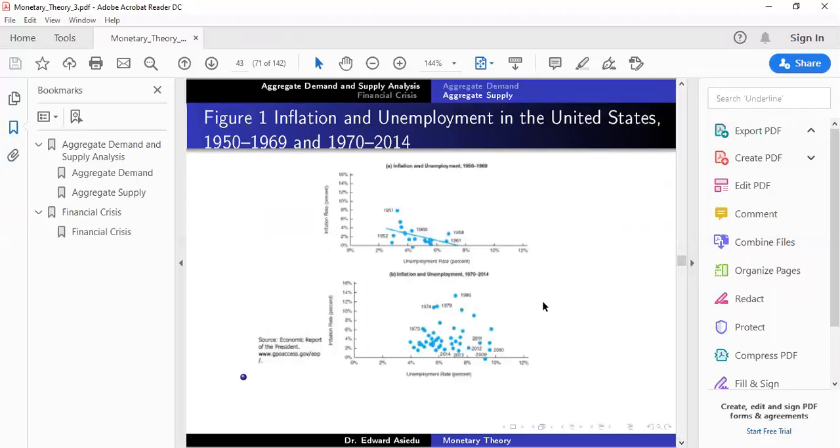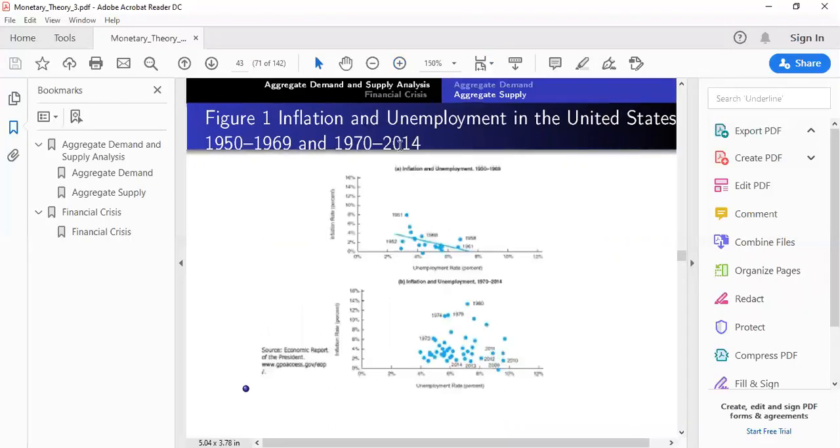There is data that shows this relationship between inflation and the unemployment rate for different countries. So an increase in inflation will mean a reduction in unemployment.